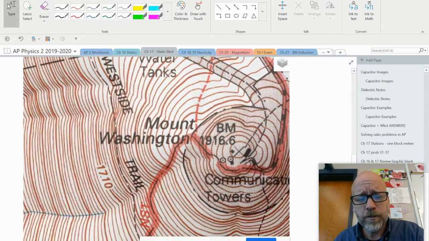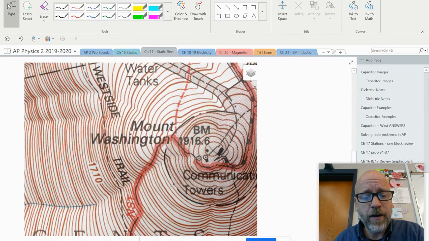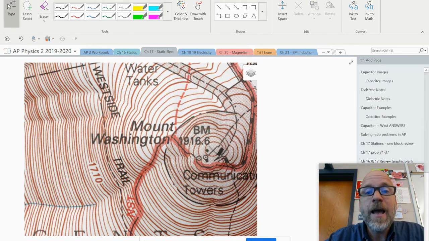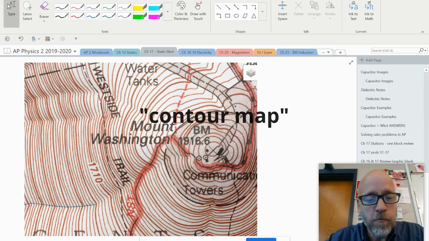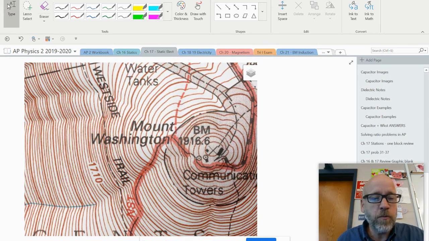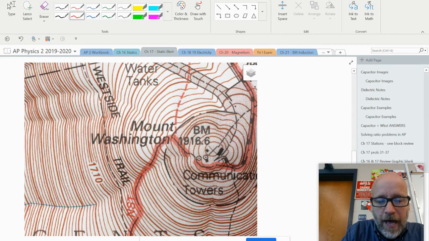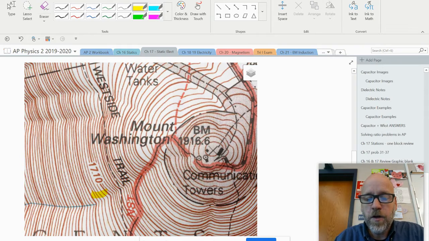So instead, how about we look at a contour map? Here we are, Mount Washington. The key to reading a contour map is that each separation from line to line has to be equal to the same amount. It can't just be random, or else the contour map would be useless. So here we can see that where these lines of equipotential are more closely spaced together, the terrain is steeper, and where they are more spaced out, the terrain is less steep.